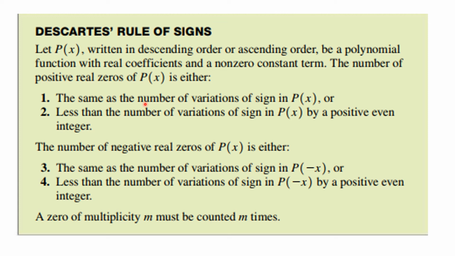The number of negative real roots of p of x is either the same as the number of variations of sign of p of minus x, or is less than that number of variations in sign by a positive even integer. A zero of multiplicity m must be counted m times.